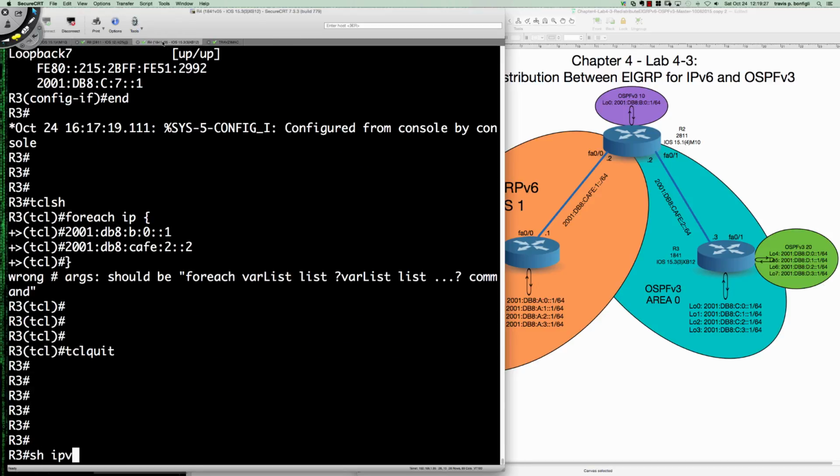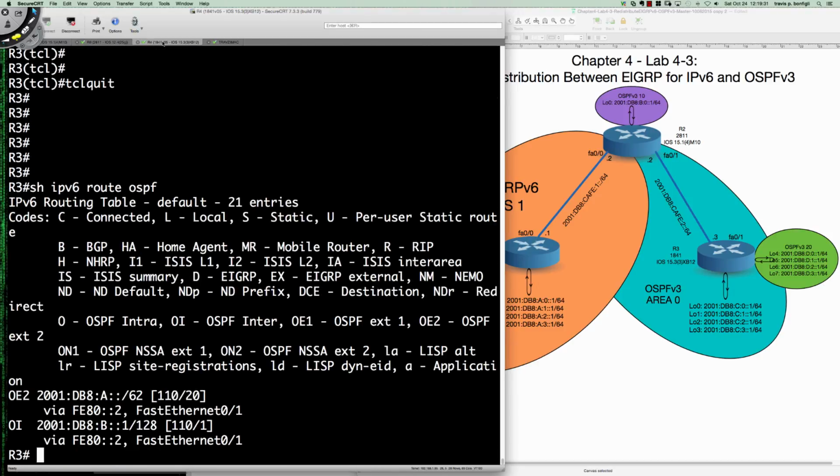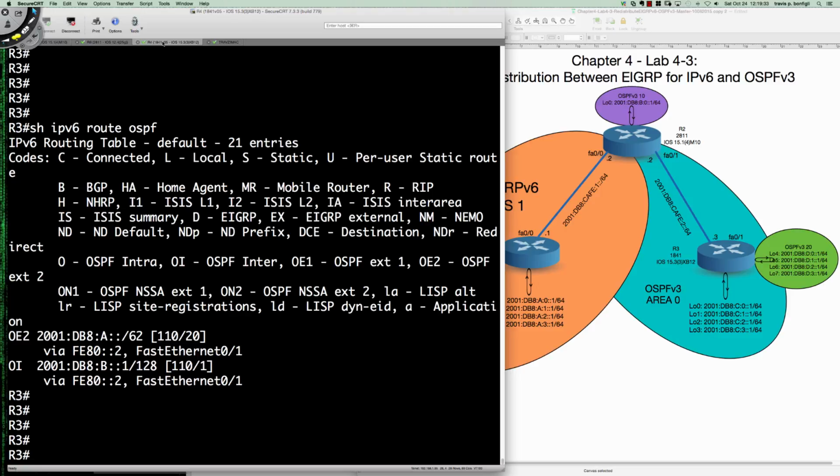Show ipv6 route ospf. So we take a look at the OSPF routes, and remember, I just redistributed these guys here, right, which is my /62 summary, and this guy should have been redistributed as well.